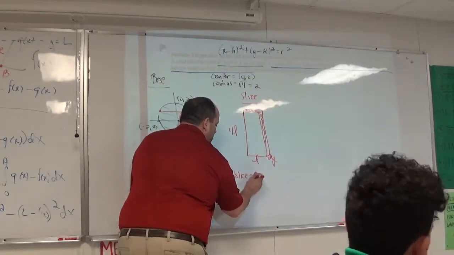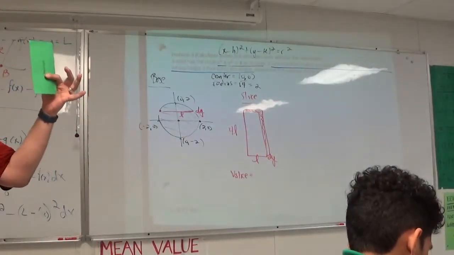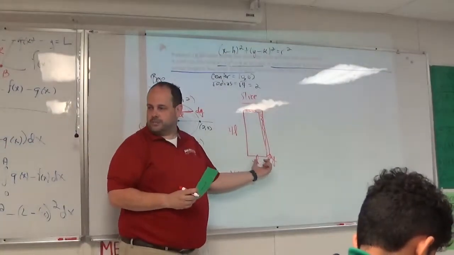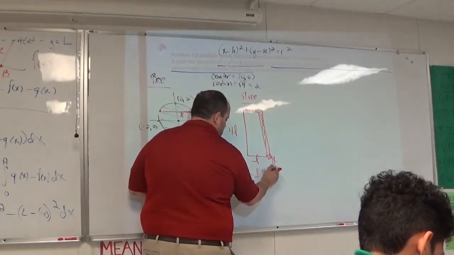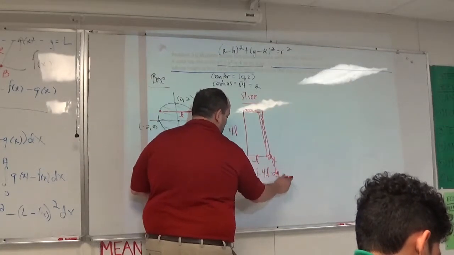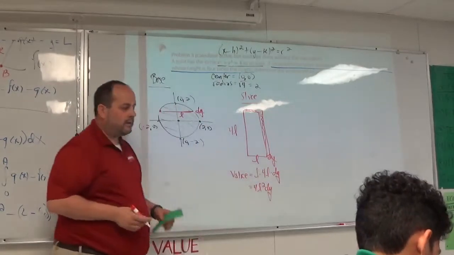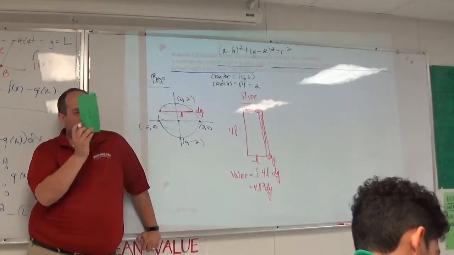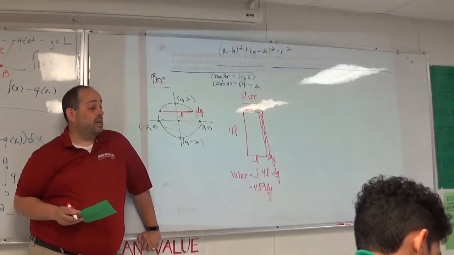Volume for one little baby slice. Well, this looks like a rectangular prism to me. So L times 4L times dy, or even better, 4L squared dy. That's the volume for one slice. If you understand the volume for one slice, this next piece is a piece of cake.